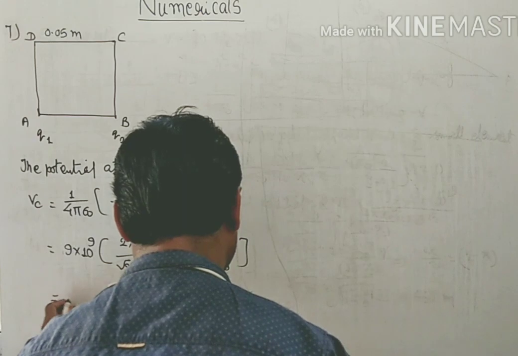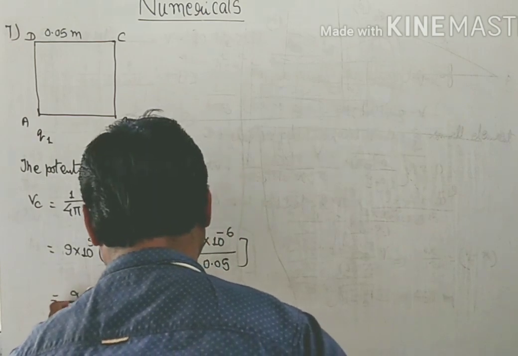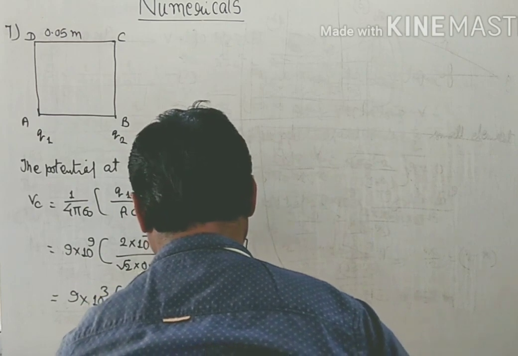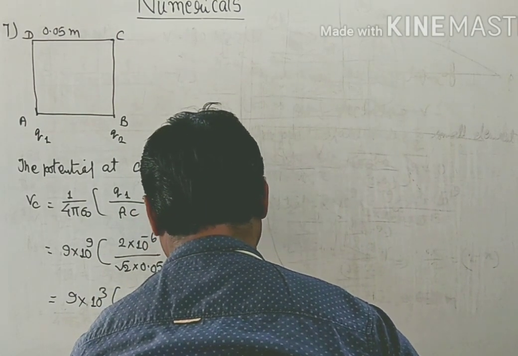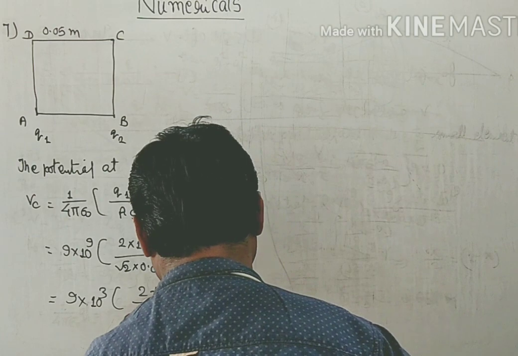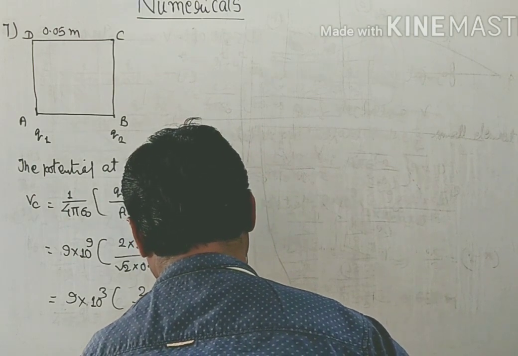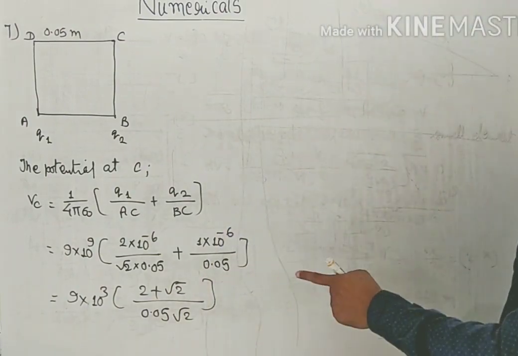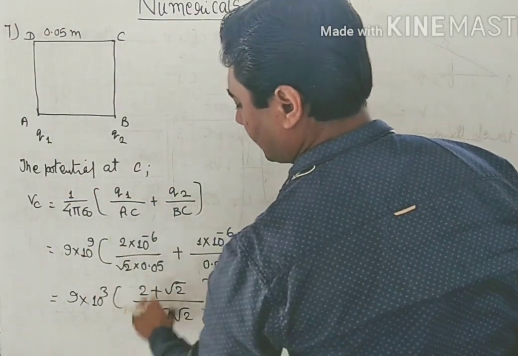So students, when you solve it, you will get 9 into 10 power 3 into (2 plus root 2) upon root 2 into 0.05. So this would be the solution of this.